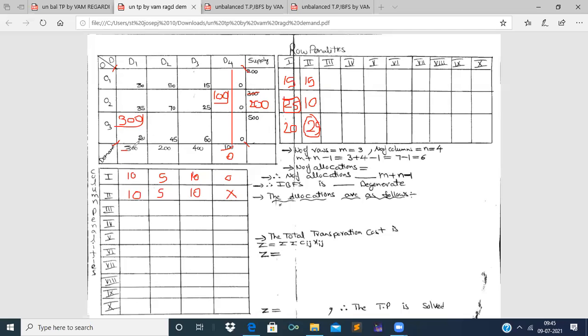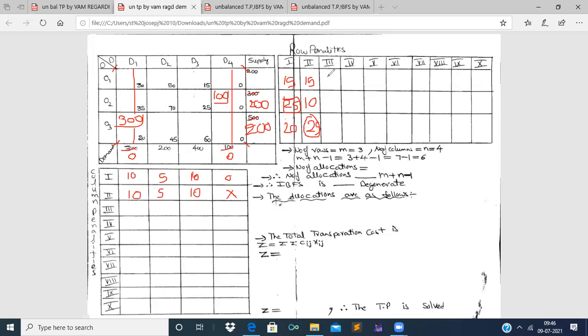And now we strike off 300 from 300 and make demand 0. And now we strike off 300 from 500. Then 200 will be left. Now we got demand as 0. Therefore, we strike off the first column. So till now we have completed 2 allocations.